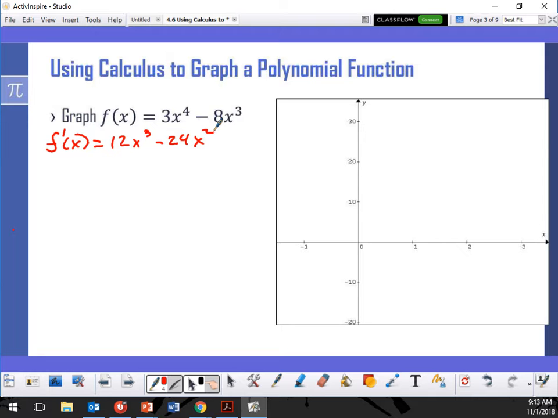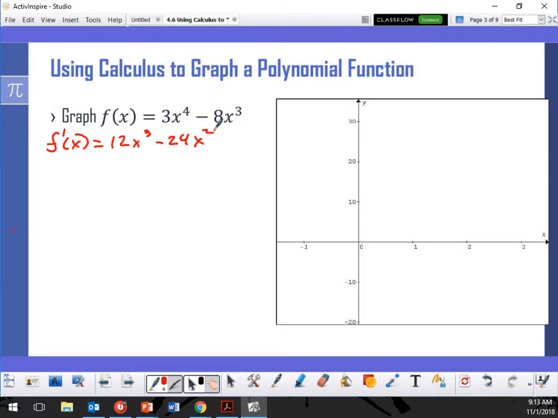Come on. Yes, very good. Factor it. Factor it, and then when I factor it, I set it equal to zero. That's it. Very good.